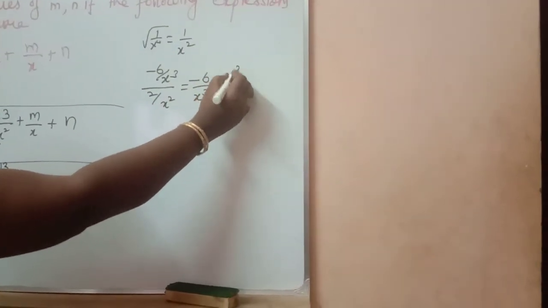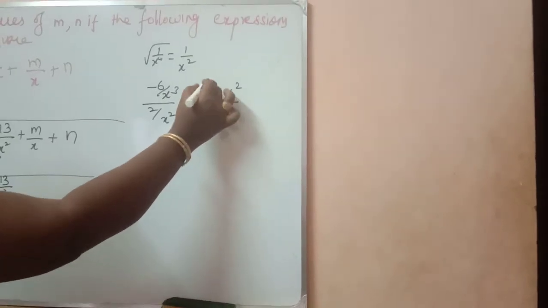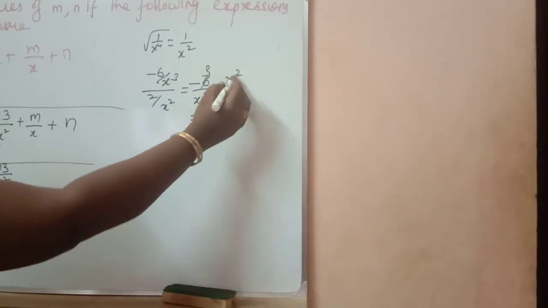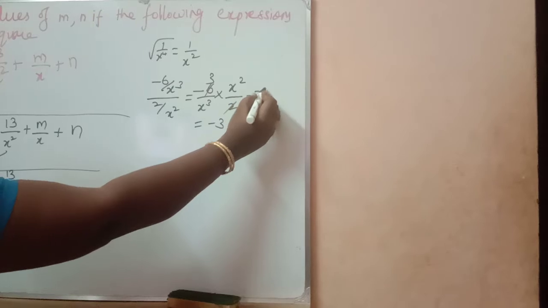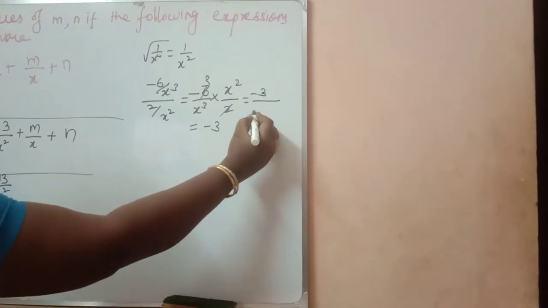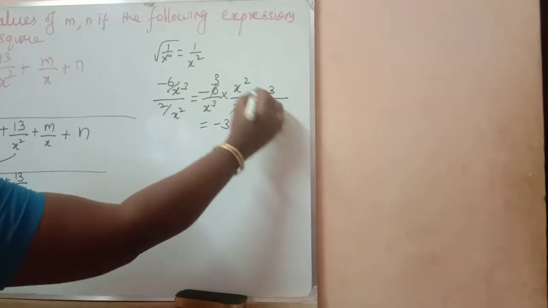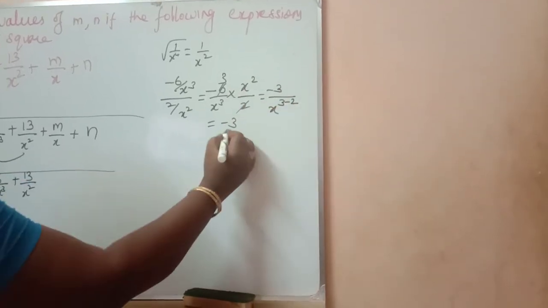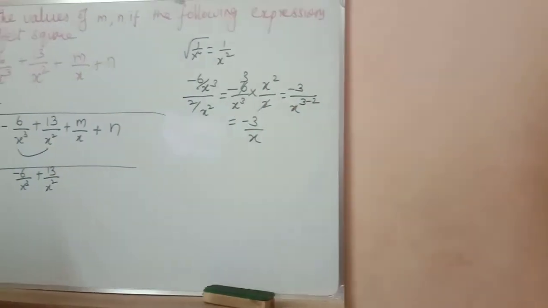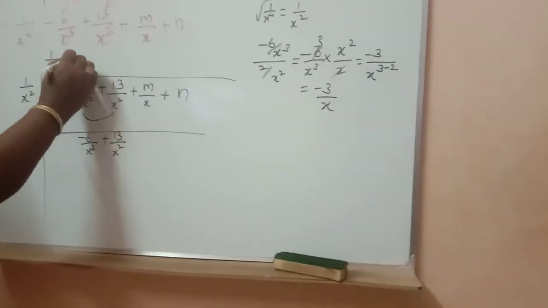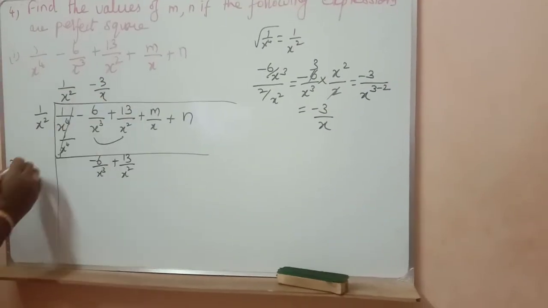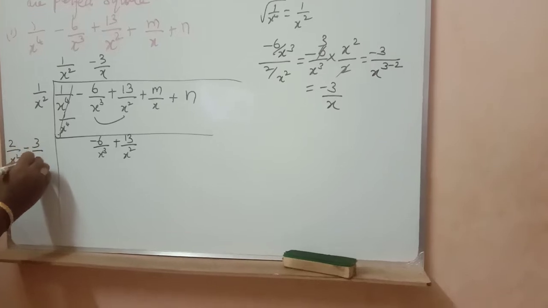Fraction in the denominator, write its reciprocal. So minus 3. Here x cube, x square, greatest power is here. So we have to bring this 2 as minus 2 here. So we will get minus 3 by x. So we have tried that here. Here, write the same minus 3 by x.